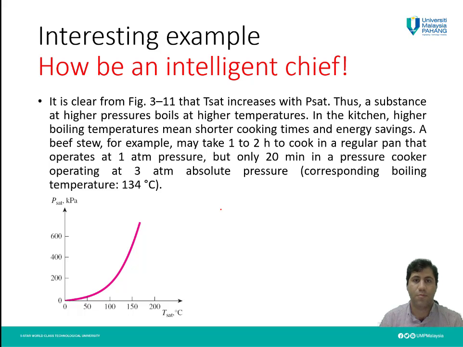I will present a video to show how we can use these characteristics between the pressure and boiling point to be an intelligent chef, how to use a pressure cooker, and the principle of how a pressure cooker works.